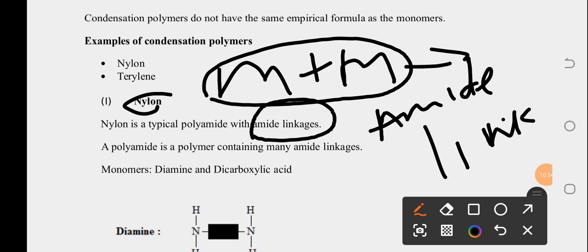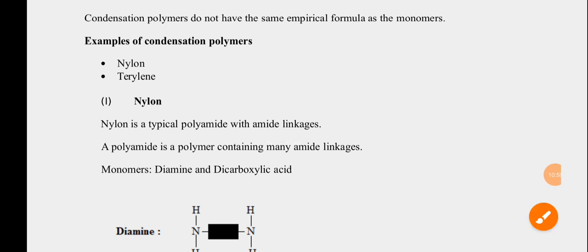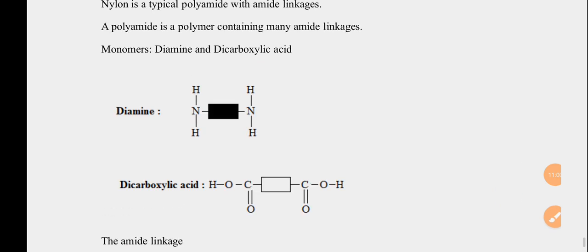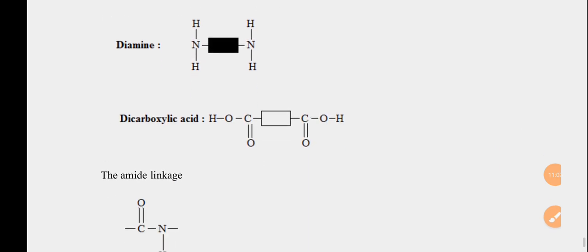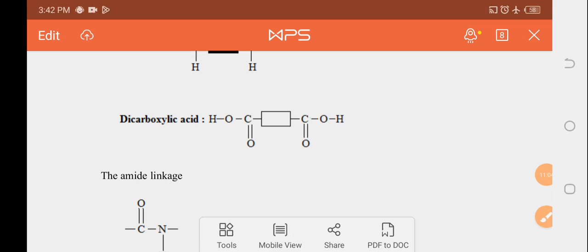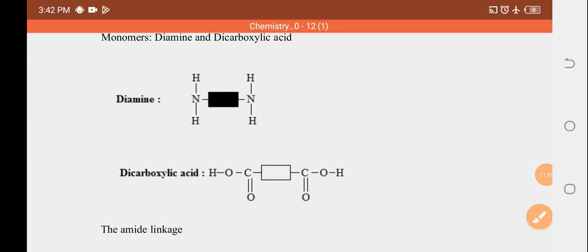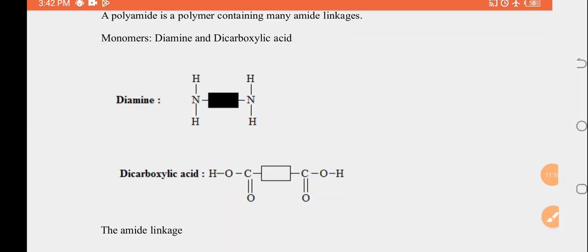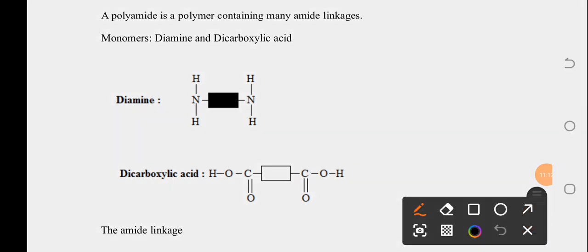Okay, so I want you to understand and to know the monomers we normally use to make this polymer, which is called nylon. So here are the monomers we normally use. Here we've got diamine, then we've got dicarboxylic acid.